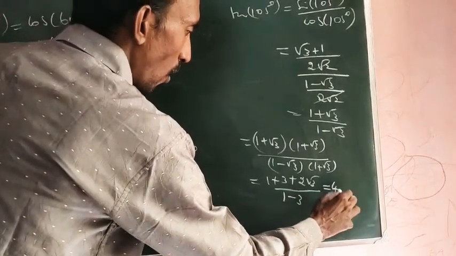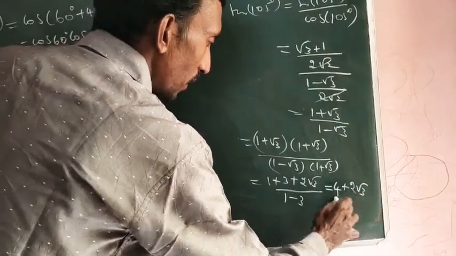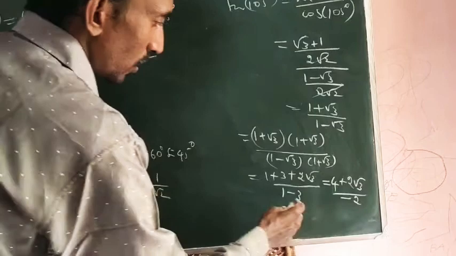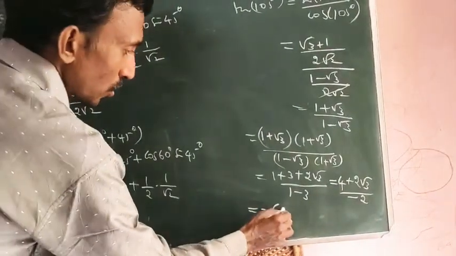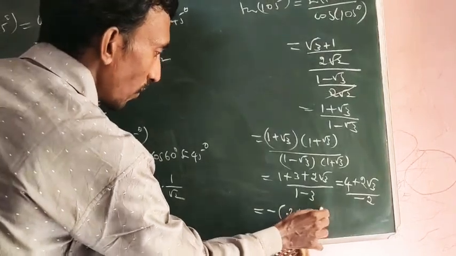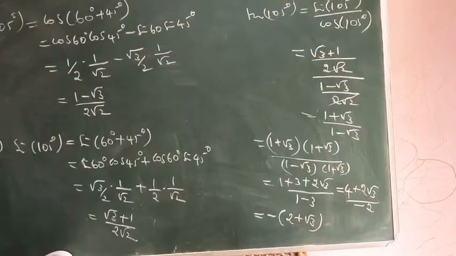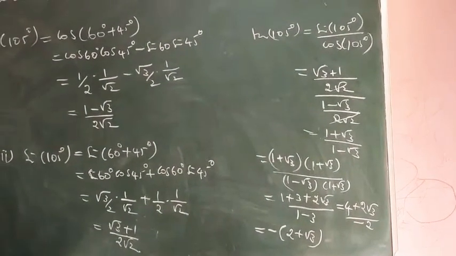So 4 plus 2 root 3 by minus 2. Divide by minus 2, taking minus as common, we get minus of 2 plus root 3. This is your book answer.